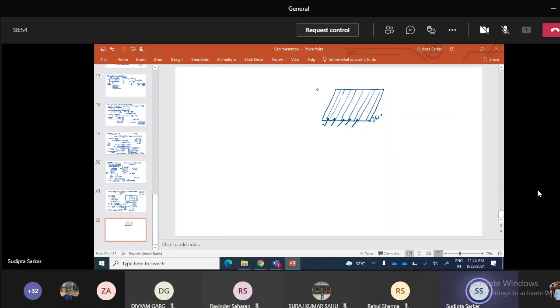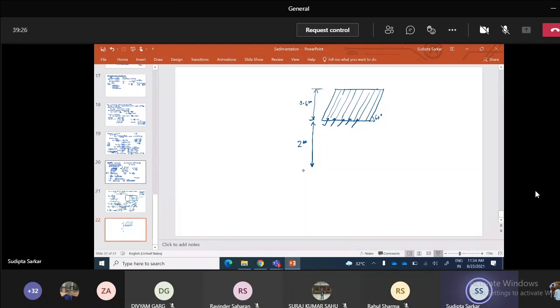And now we have the height of 0.6 meter as per the problem statement. So this is the 0.6 meter height. Now, what are the other things that you need to provide? Normally we need to provide a sludge depth, since it is very much required that we have very quiescent conditions inside the basin.